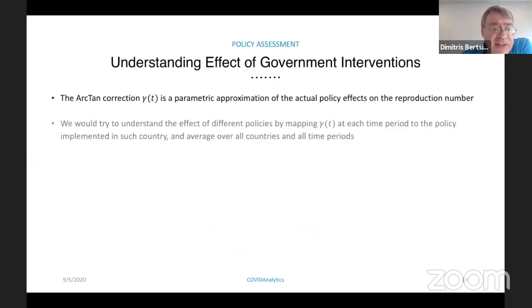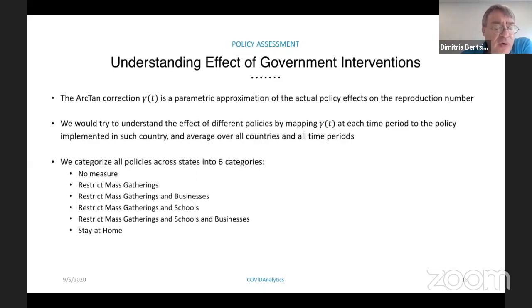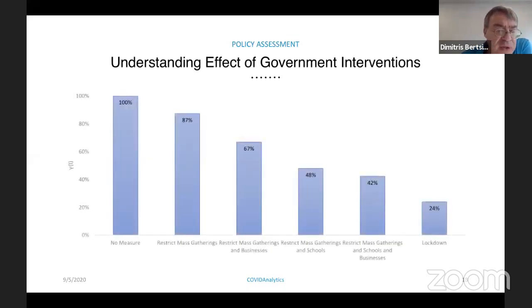The way we have modeled the government response: on our website, governments have the ability to experiment with various policies. For example, having no measure, restricting mass gatherings and businesses, stay at home, and so forth, up to total lockdown. Historically, in each region, we have found that if you take no measure, the infection rate is, let's call it, 100%.